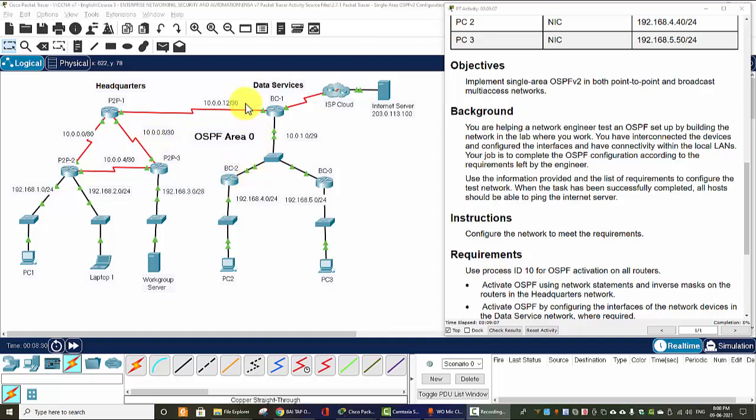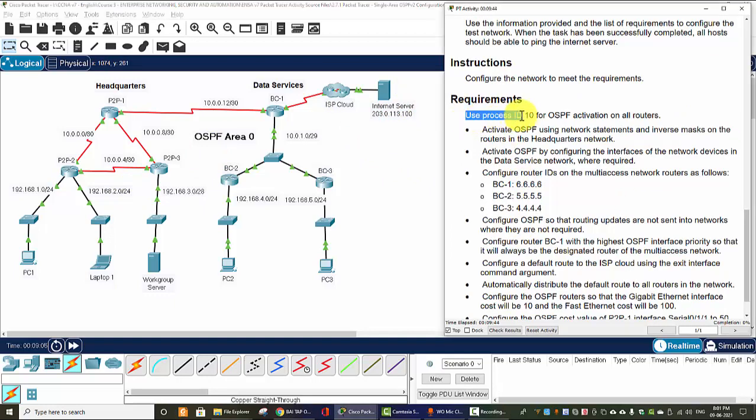We have interconnected the devices, configured the interfaces, and have connectivity within the local LANs. Our job is to complete the OSPF configuration according to the requirements left by the engineer. We will use the information provided and the list of requirements to configure the test network. When the task has been successfully completed, all hosts should be able to ping the internet server here.